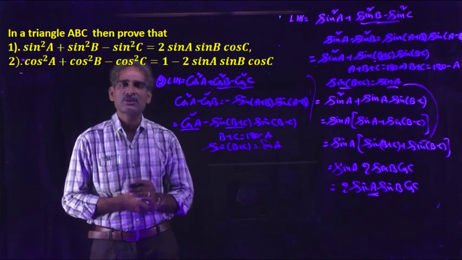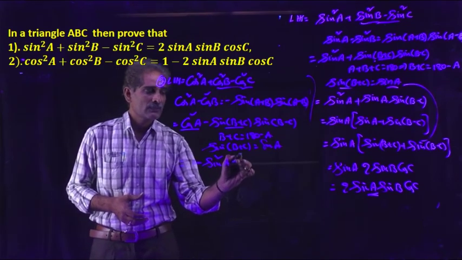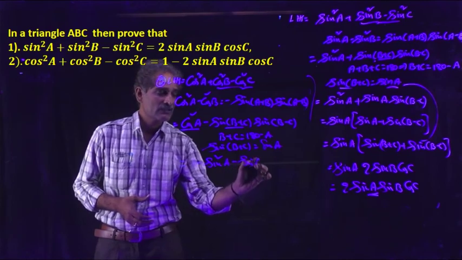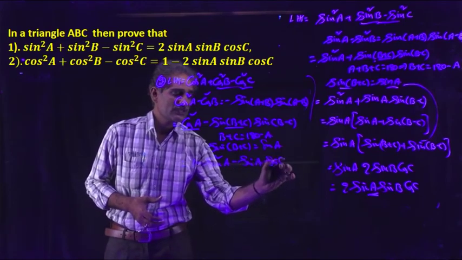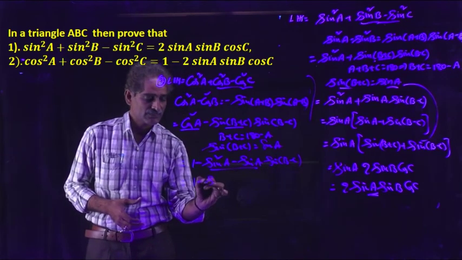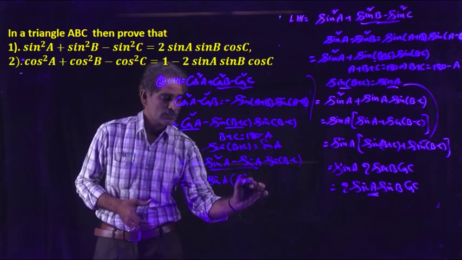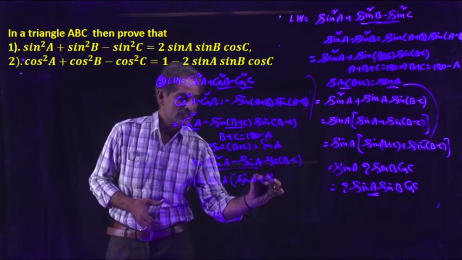Just change cos square A in terms of sine: 1 minus sin square A minus sin A into sin(B minus C). Now take minus sin A common: sin A plus sin(B minus C).